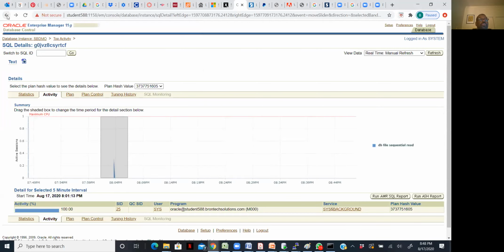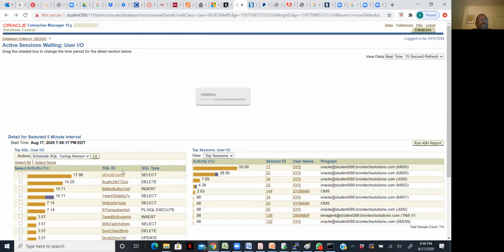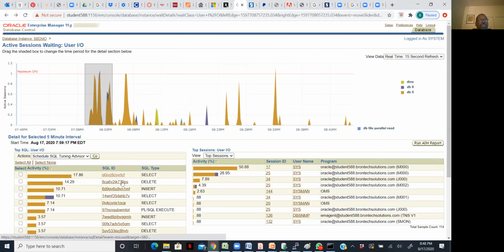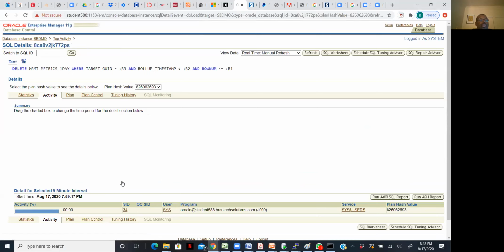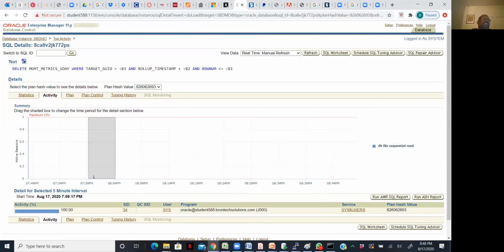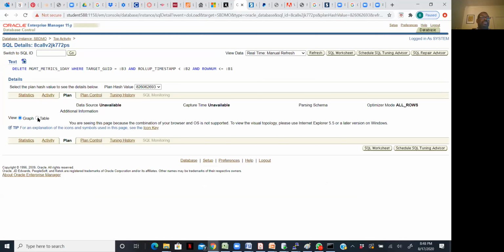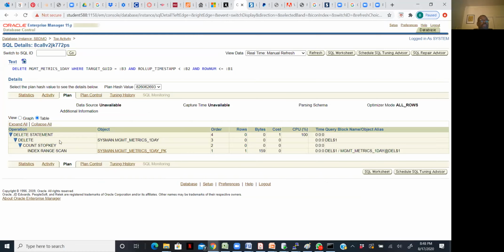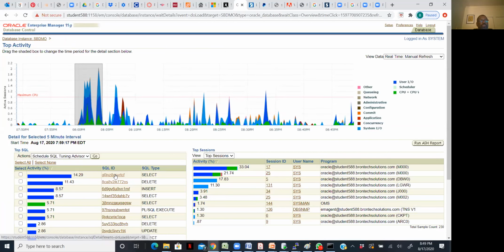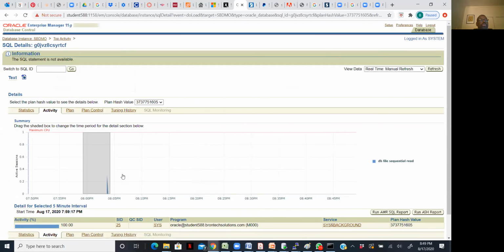I want a SQL statement that will show us. Okay, so this is the statement, the delete statement. All right, so the actual SQL text, you can look at the explain plan of that statement. That's the explain plan of the statement. Let me get a better statement on the top activity.